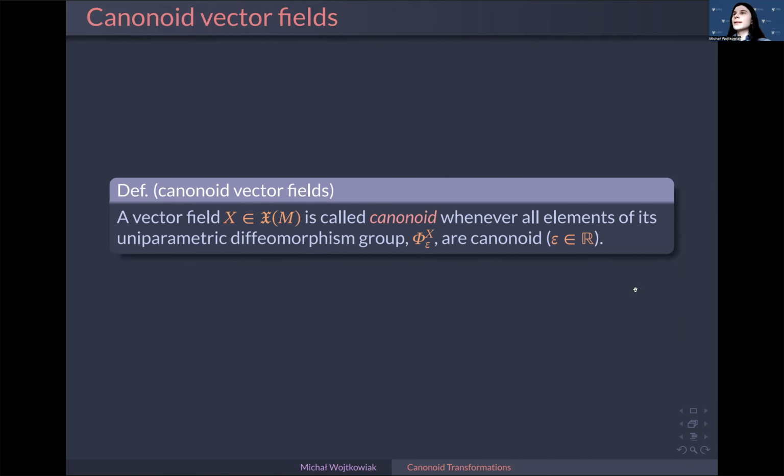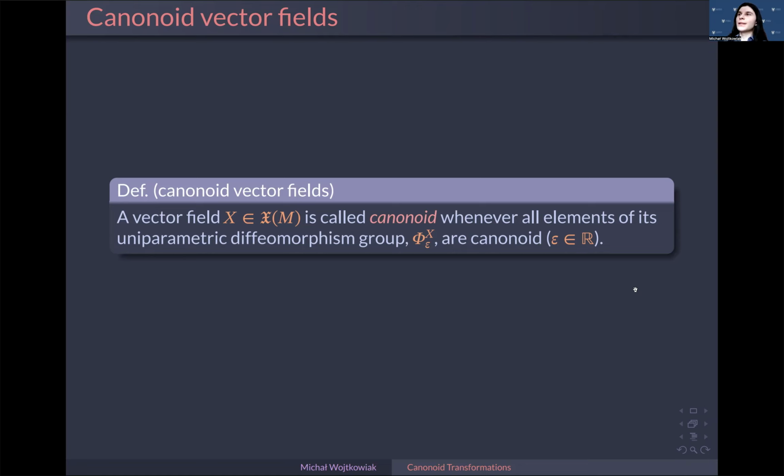All right. Since, like I said previously, it's easier to work with vector fields and differential forms, we introduce the definition of a canonoid vector field, which is simply a vector field such that all elements of its one-parameter diffeomorphism group are canonoid.